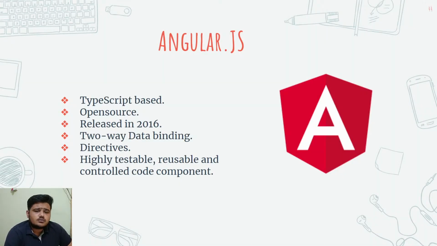Right, so JS, right? So here we can say that it is a modern TypeScript based open source framework and one of the most popular software development tools nowadays. If we talk about the numbers, more than 600k websites were developed with the help of AngularJS.